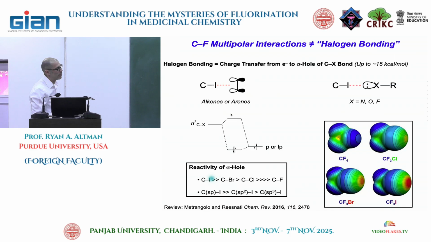So C-I bonds have bigger sigma holes than C-Br, bigger than C-Cl, and then CF does not have a sigma hole. The CF bond does not have a sigma hole. You cannot project a nucleophilic lone pair of electrons into a fluorine atom. That's bad. That's going to be electrostatic repulsion there.